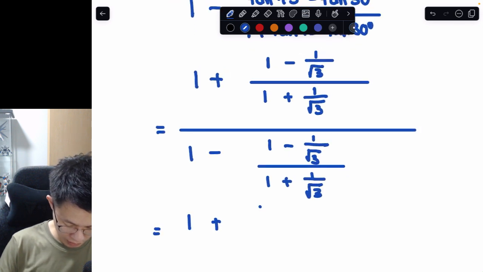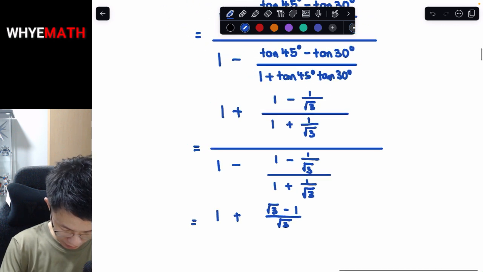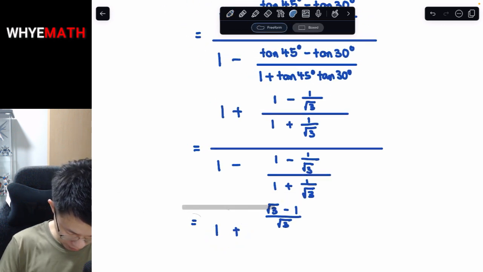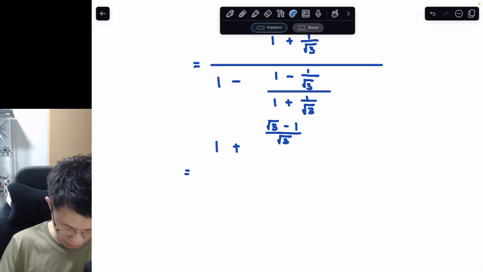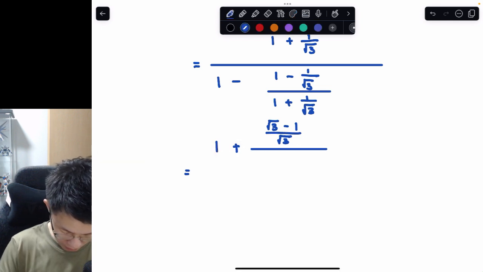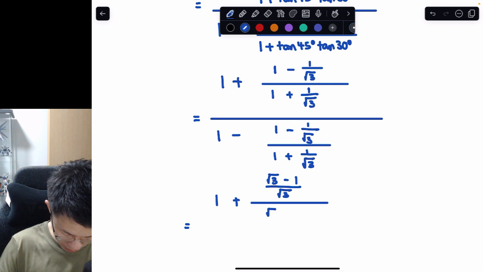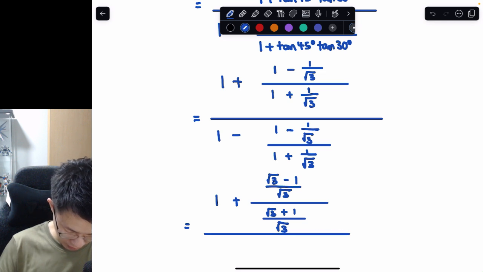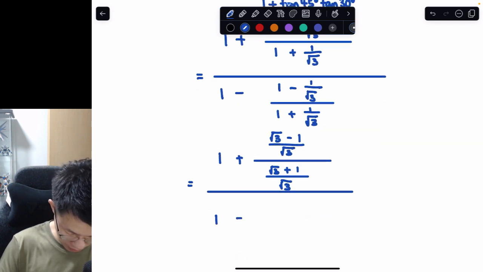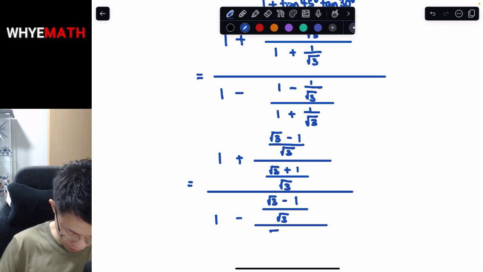So from here, this will be square root 3 minus 1 over square root 3, divided by the bottom. I'm making it into a single fraction. It's a bit tough here, but you will get the idea of why I'm doing this. This will be 1 minus square root 3 minus 1 over square root 3, the whole thing divided by 1 plus square root 3 minus 1 over square root 3.